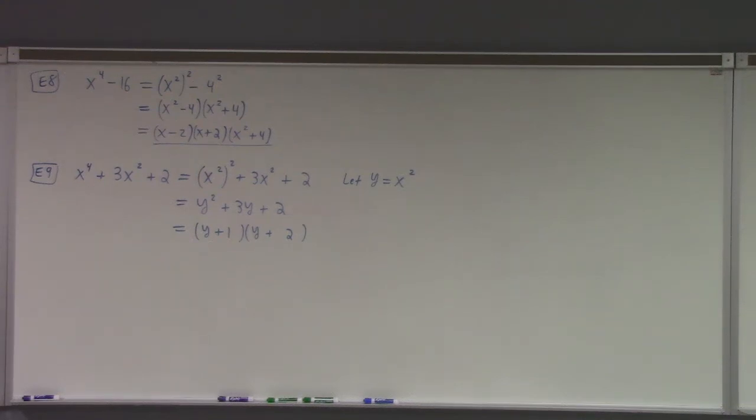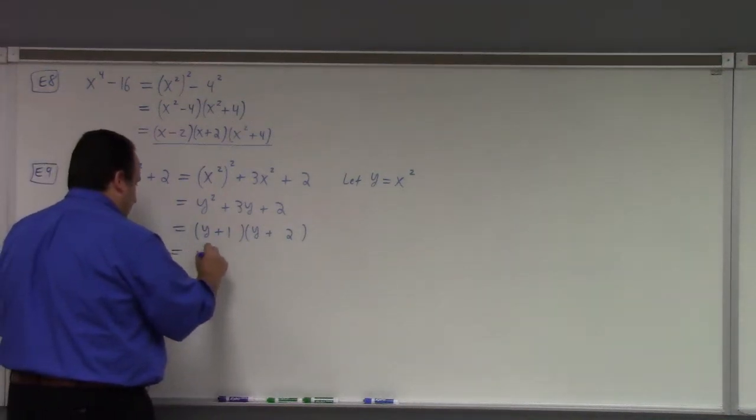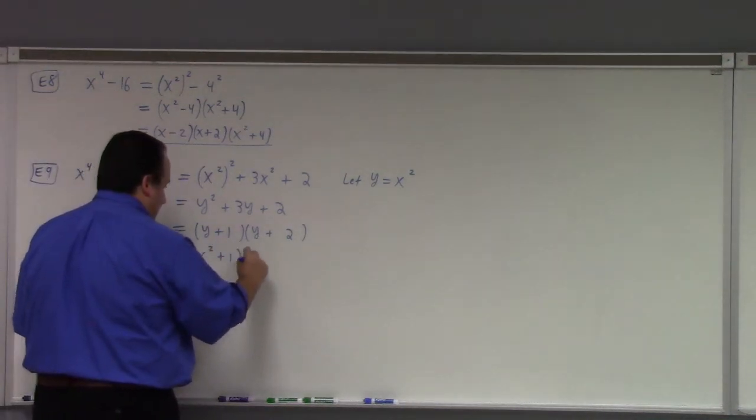So this is called making a substitution. Really, we're just trying to recognize the pattern. What usually happens for x is happening for x squared here. Yeah? And now we're not done, right? To finish the problem, we should go back and put y is x squared instead of y, right? So x squared plus 1 times x squared plus 2.